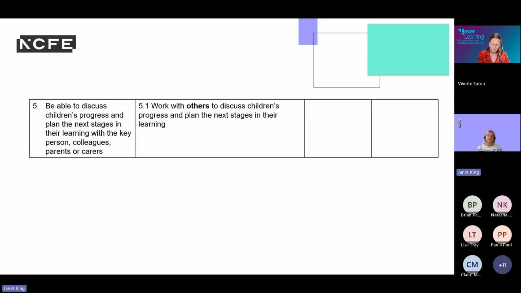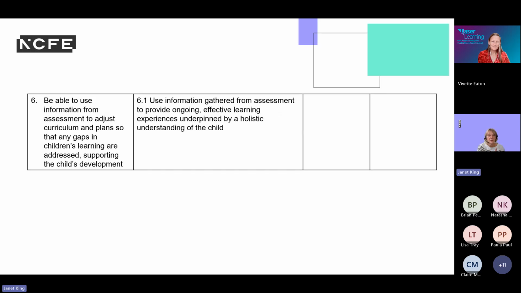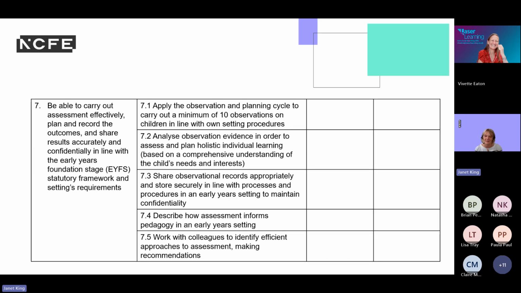So we've talked about this, and I'll come back to number 5. I'll remember I'm on number 5, but I just want to go to number 7, because this really is something that can't be left to the end if we're going to allow that time to wallow and blossom with the observation cycle, and to really refine those skills.